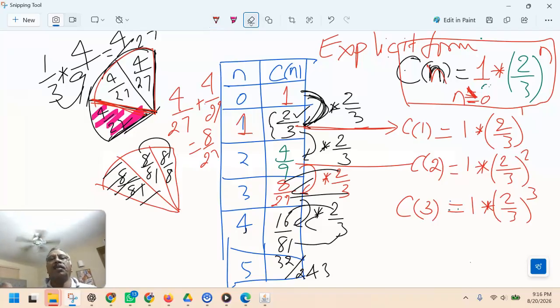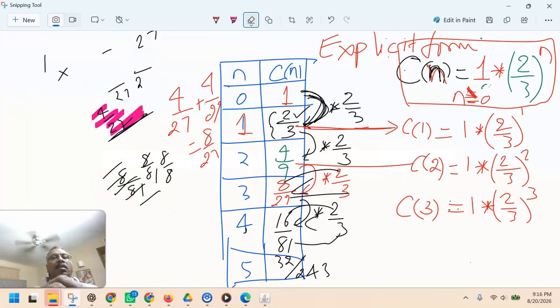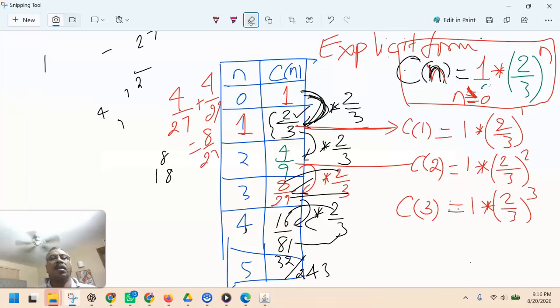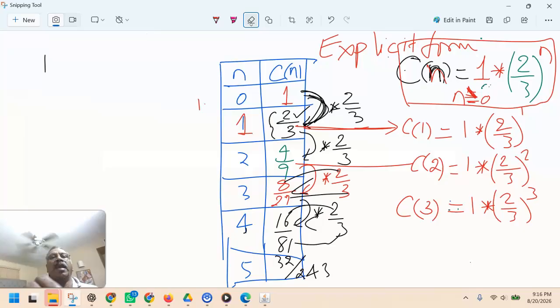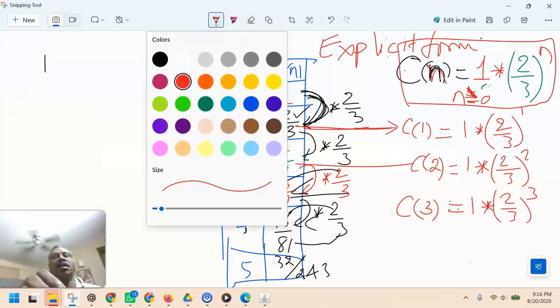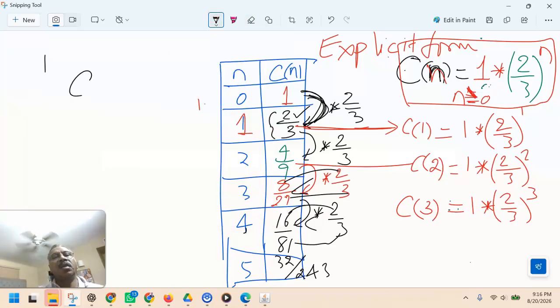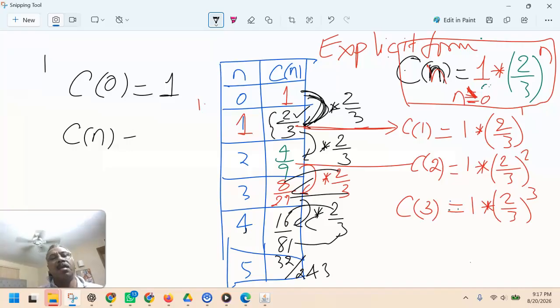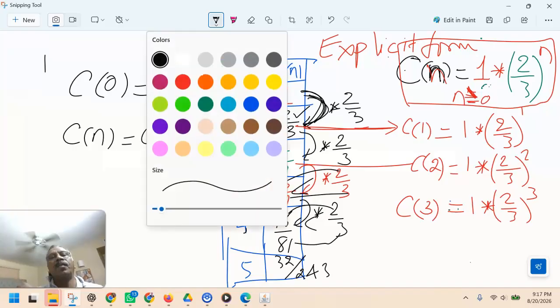And we can also write the recursive formula. Recursive means from the previous fraction of cake remaining. In the beginning, C0 was 1, and after that, at any n term, it is the previous one, the area of the cake remaining in the previous step, and there you multiply by 2/3.